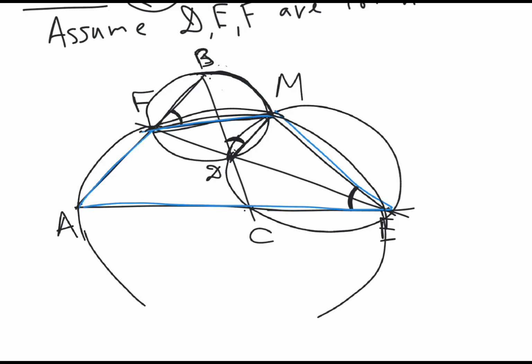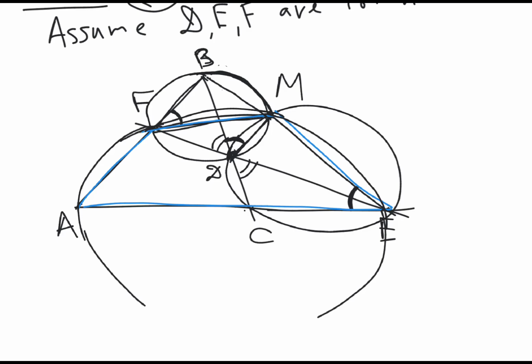So now, if we have the additional condition that D, E, F are collinear, then basically what we have is that these two angles are equal to each other, right? FDB is equal to CDE. Then each of them is equal to another inscribed angle in each of the circles.